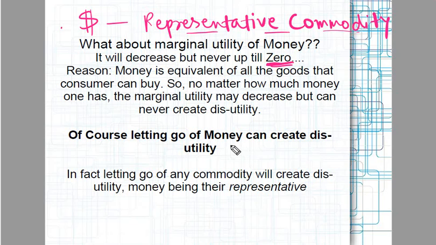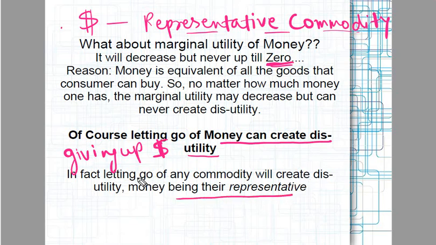Now on to another concept: letting go of money, giving up money. Giving up money can actually create disutility, correct? Money being the representative of all the commodities, letting go of any commodity will also cause you a bit of pain.